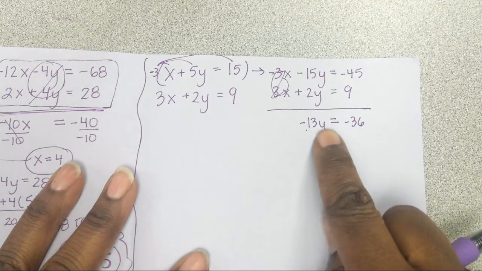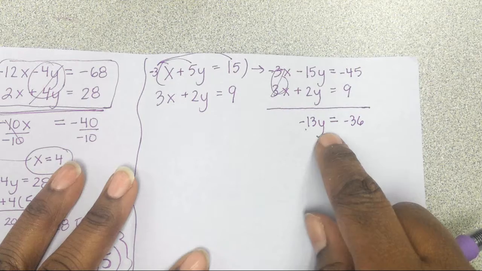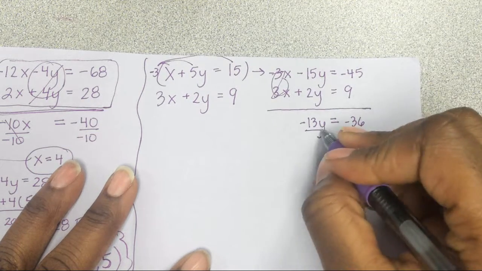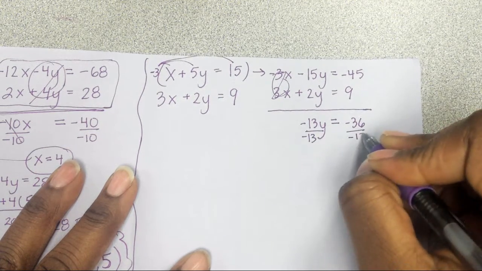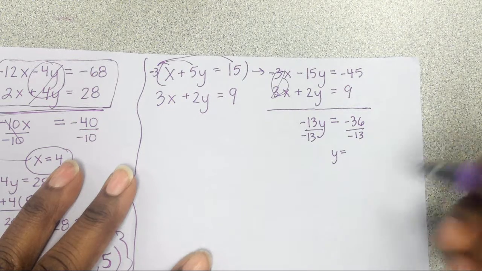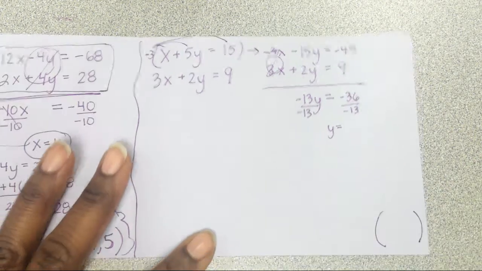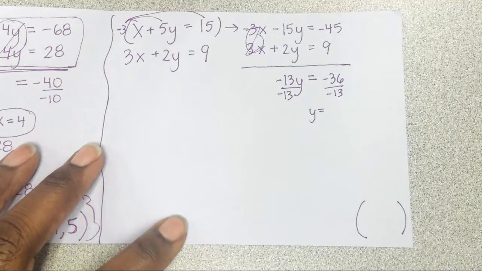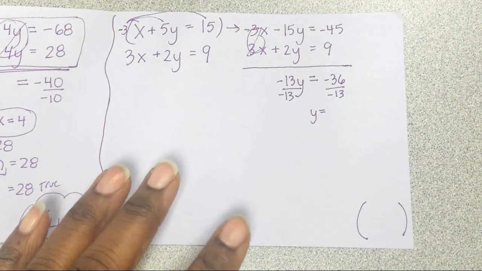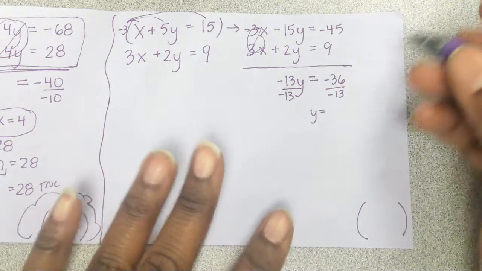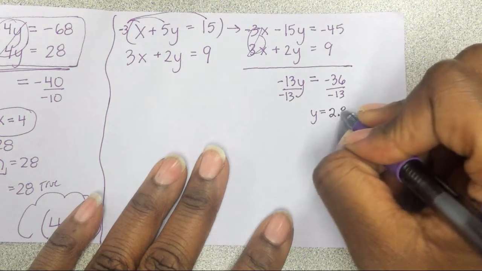Notice on this one, I'm actually solving for y first. So dividing by exactly what's with the y, -13. y equals -36 divided by -13. I got 2.769, which rounds to 2.8.